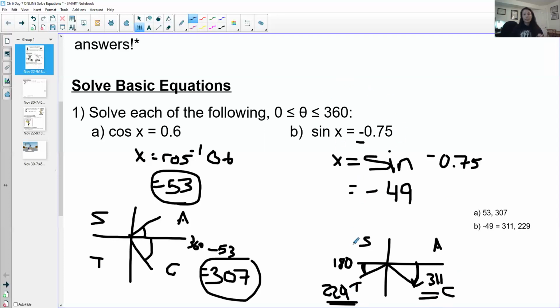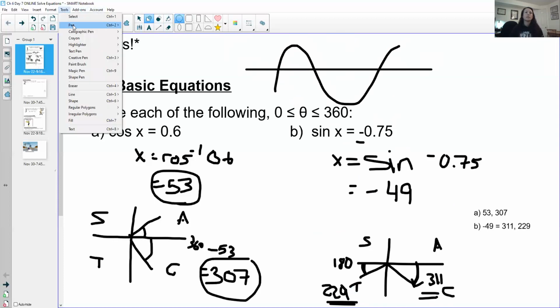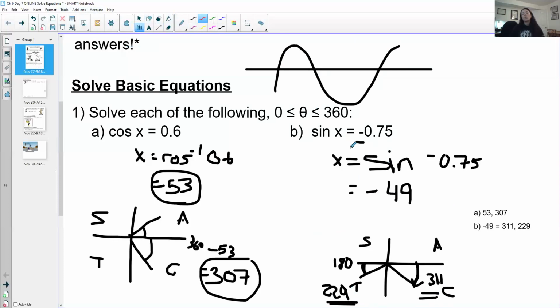Now, quick little side note, and this goes back to our graphing. For our sine, and I know that this doesn't look great, but if that's our sine curve, if I want to know when sine is equal to negative 0.75, sine starts here.